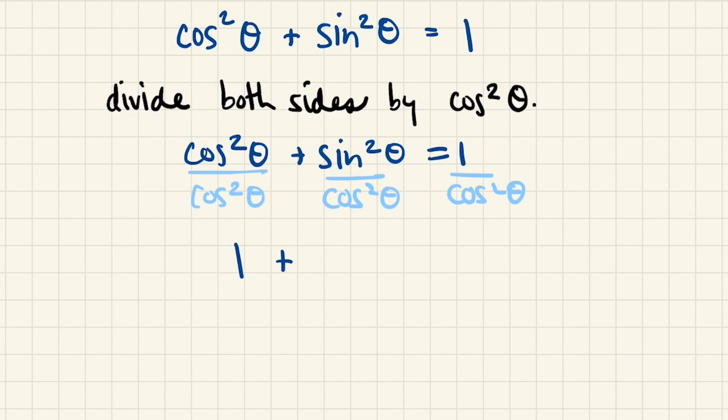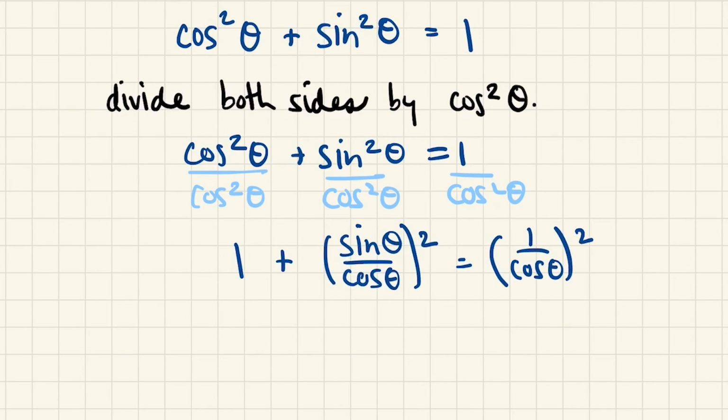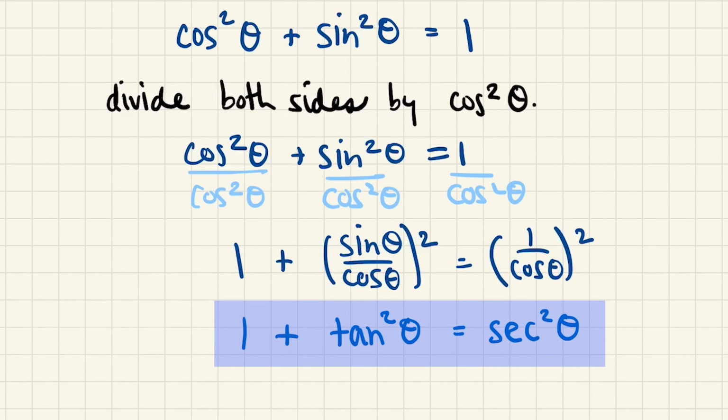Sine squared over cosine squared, well, this is like sine of theta over cosine of theta, all being squared. And this is like 1 over cosine of theta, which is all being squared. So sine over cosine, we know that's tangent, so this is tangent squared. 1 over cosine is secant, so this is secant squared. And we get another Pythagorean identity. But it doesn't stop there.